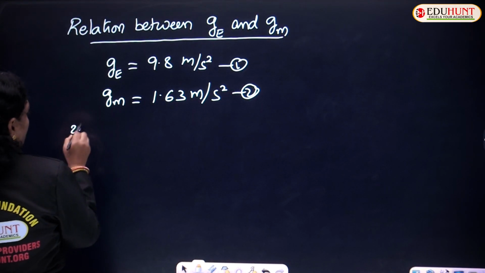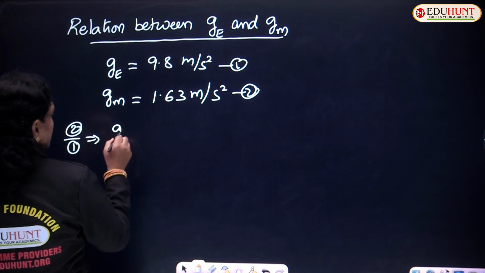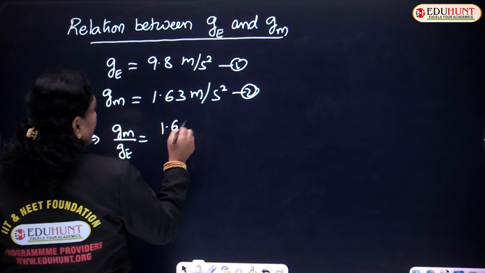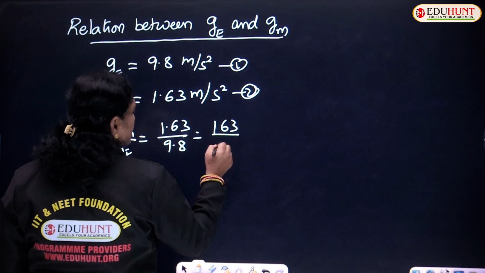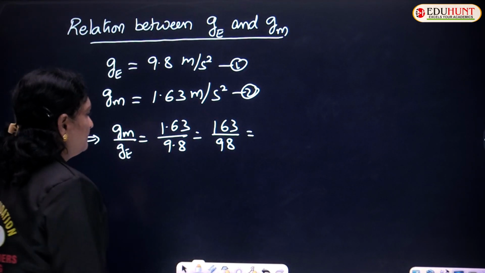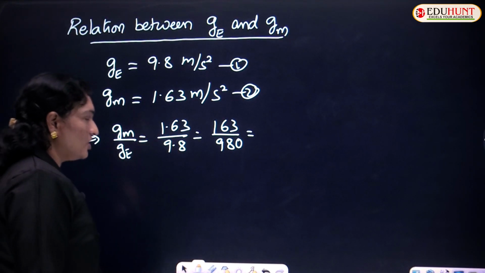Okay, so let us divide equation 2 by equation 1. Then we'll get Gm upon Ge equals 1.63 upon 9.8, which equals 163 upon 980.